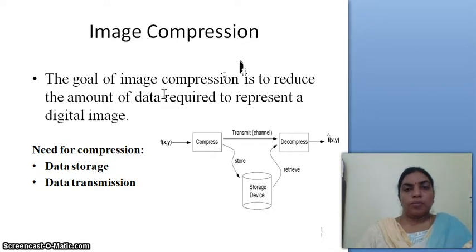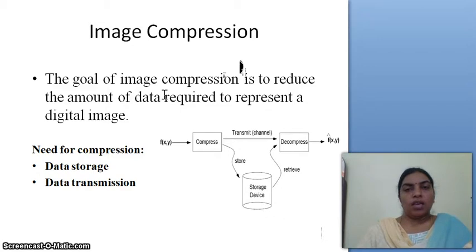Am I correct? The phone memory size must be very large for this storage and transmission.